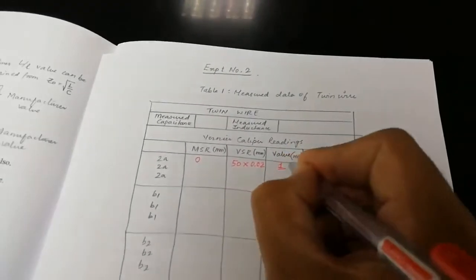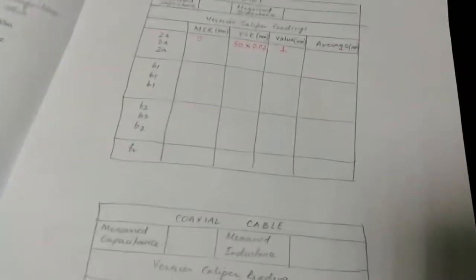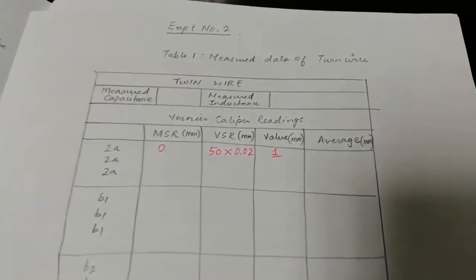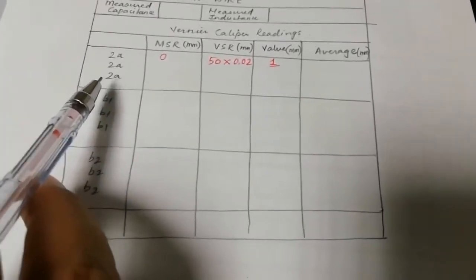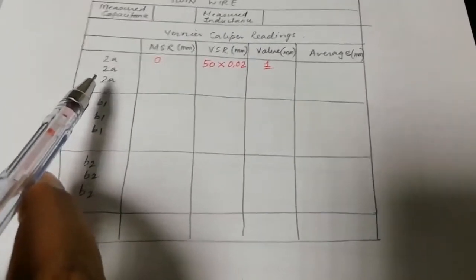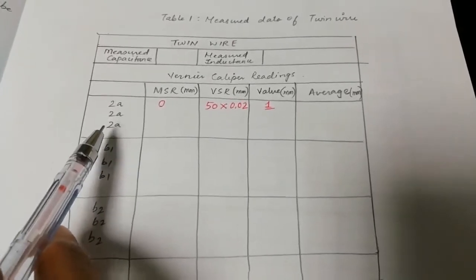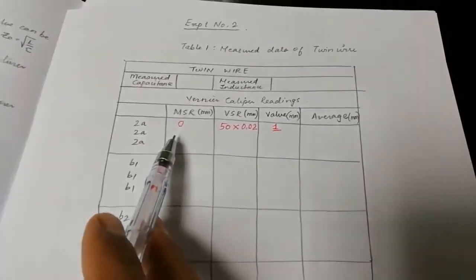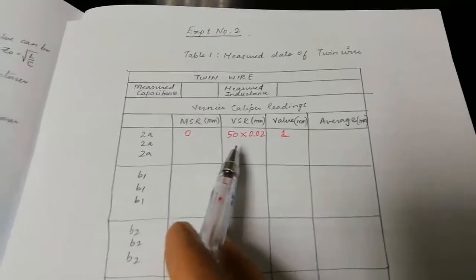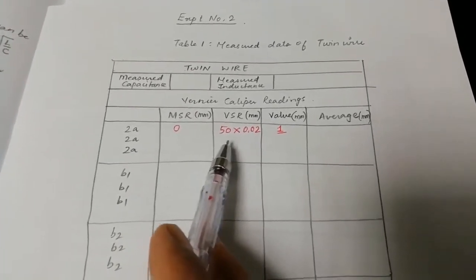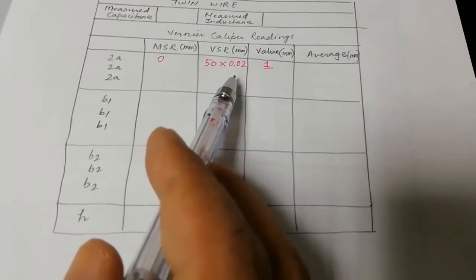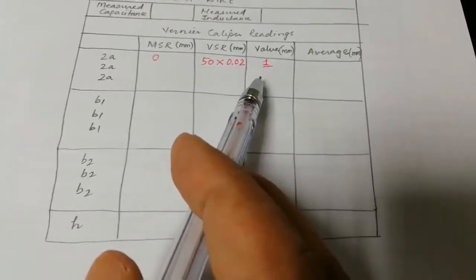So it is 1 millimeter. Got it? Like this, we are going to take 2 more readings, and it's your duty to freeze the frame, find the main scale reading and the vernier scale reading, multiply it by the vernier count and then find the value.